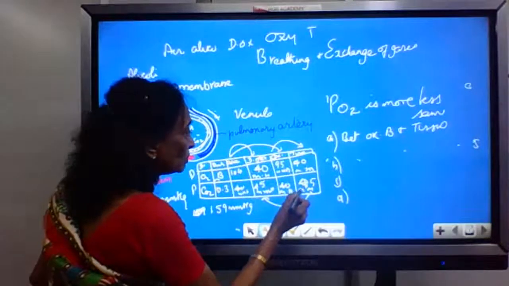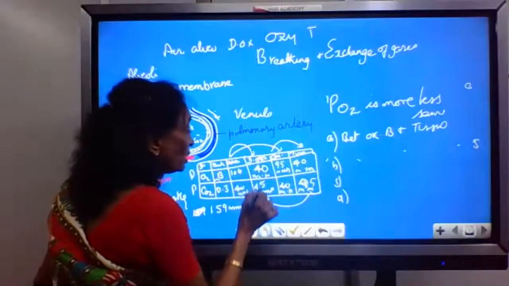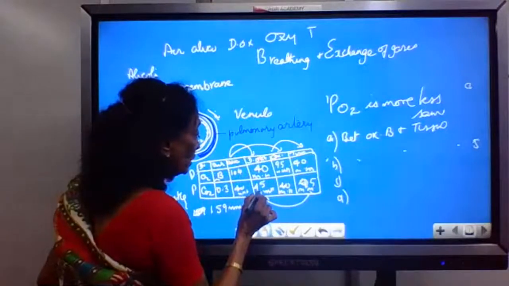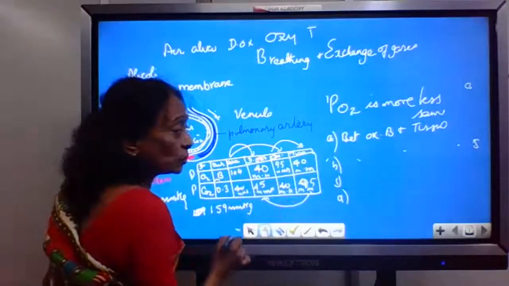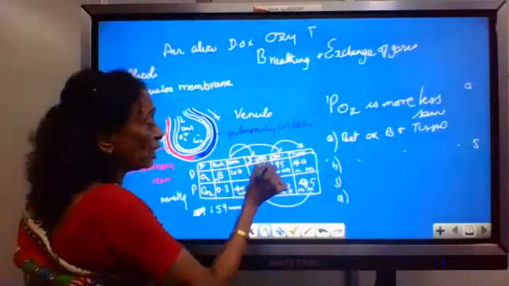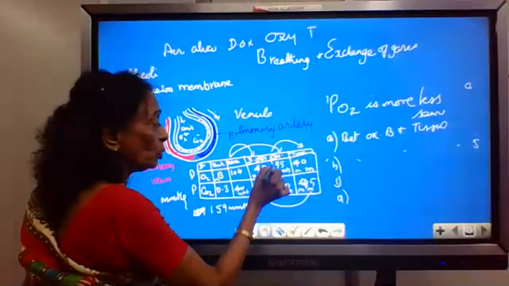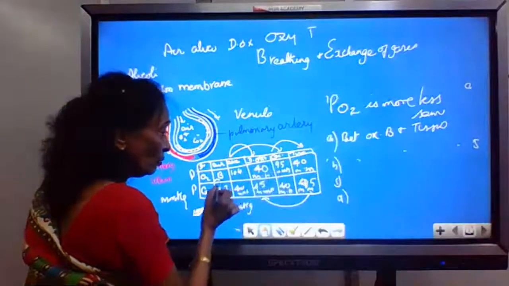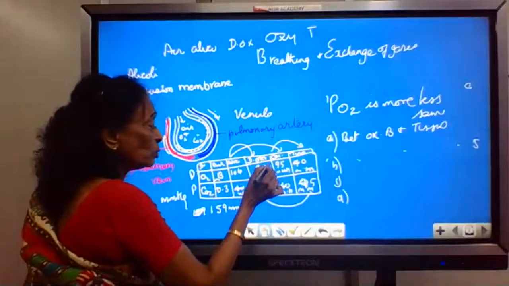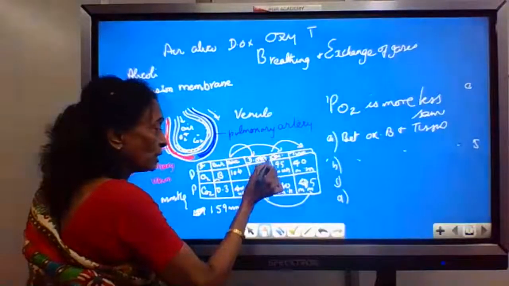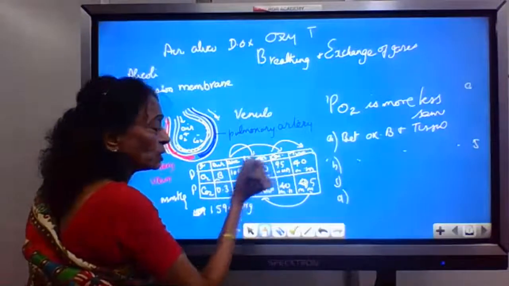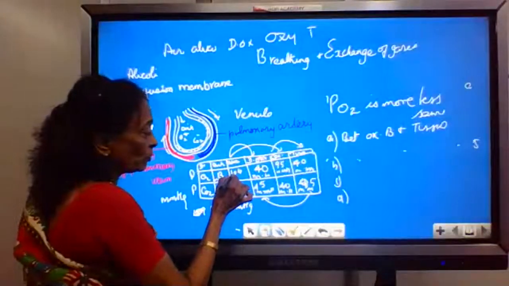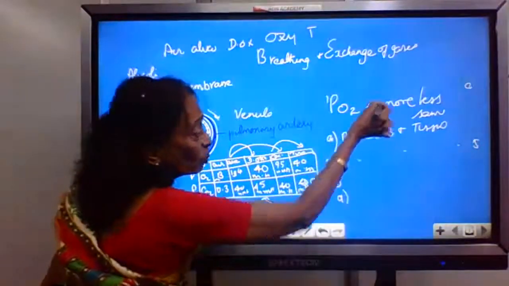CO2 is the same between the deoxygenated blood and the tissue. Oxygen in the oxygenated blood is more. What they can ask you is, oxygen is more or less the same between the alveoli and the oxygenated blood. The alveoli is 104, this is 95, that's why almost equal.